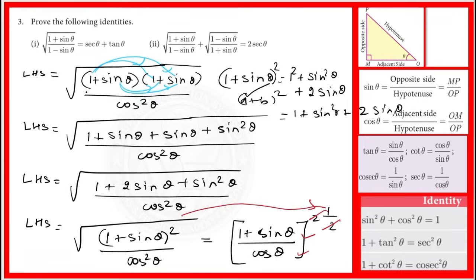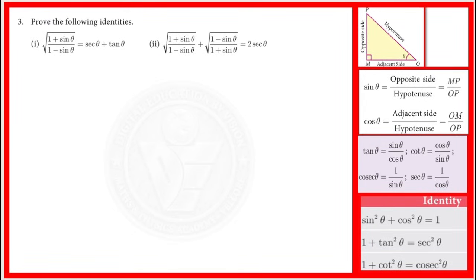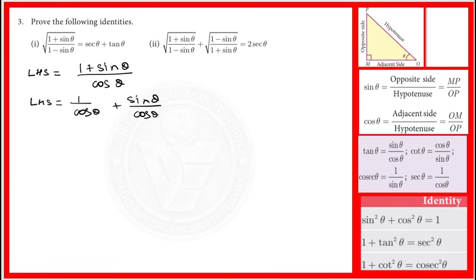Now LHS is equal to 1 by cos theta plus sin theta by cos theta. Further we are going to simplify this: 1 by cos theta is secant theta, and sin theta by cos theta is tan theta.